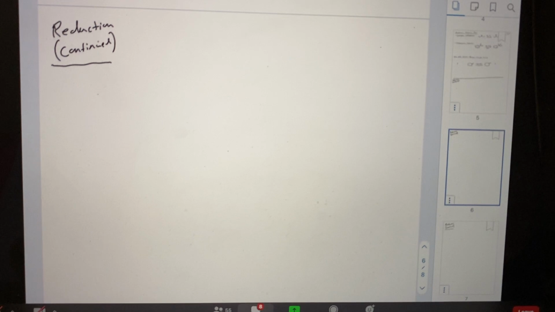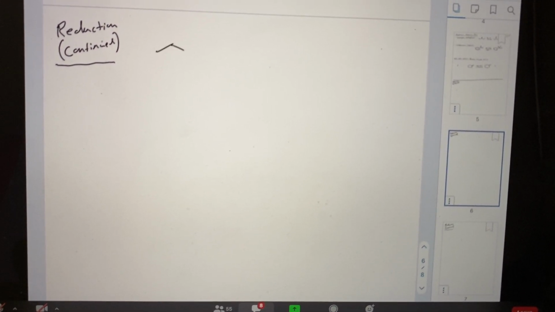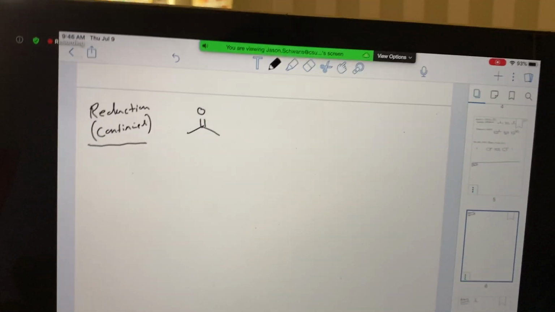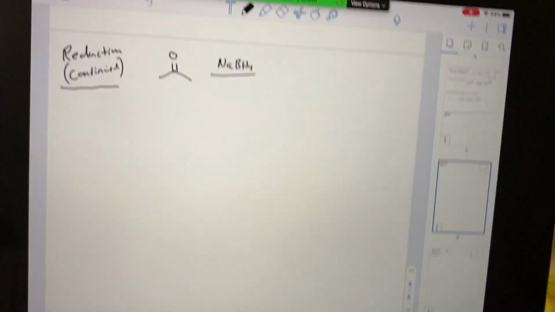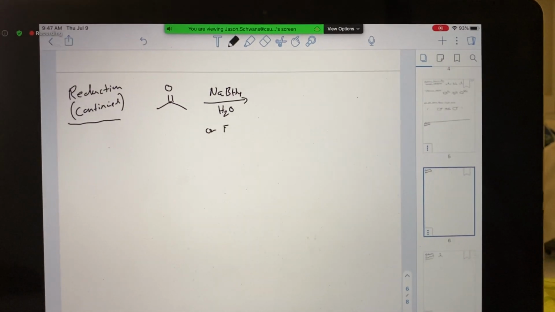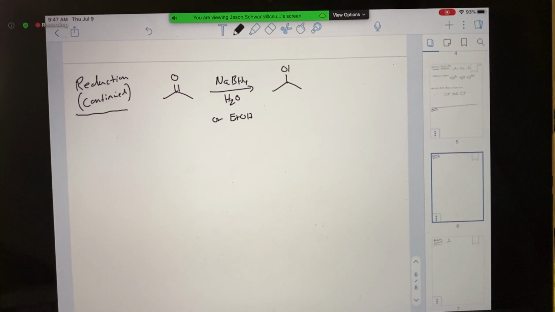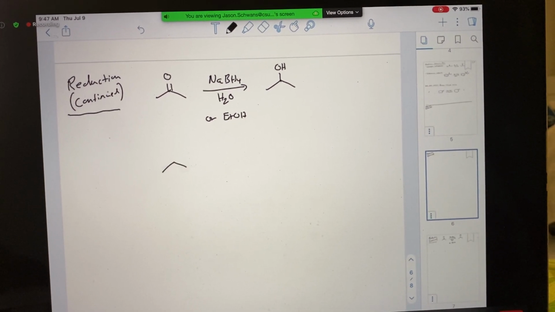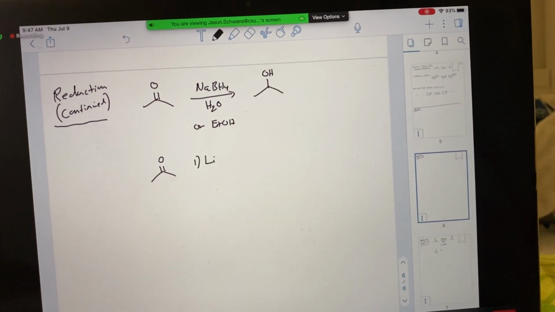How about all these borohydride reagents and lithium aluminum hydride? One thing you'll notice is that if you have a ketone, and you look at the conditions, sodium borohydride, this reaction can be run in the presence of water or alcohol, and something like ethanol is a common solvent as well. And you'll actually form the reduced product. However, you do not want to do this with lithium aluminum hydride because it is much more reactive.